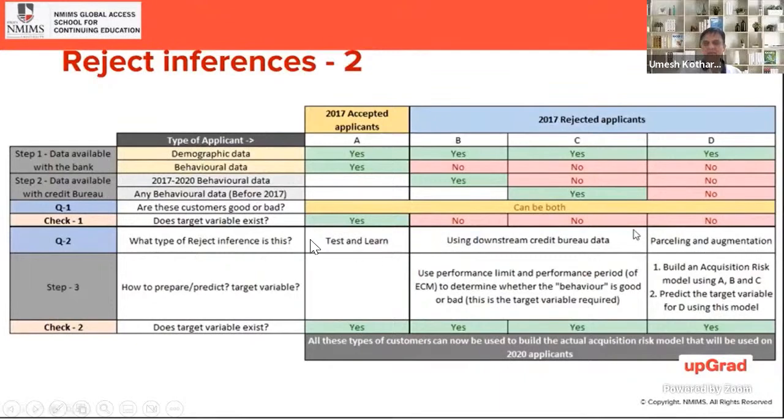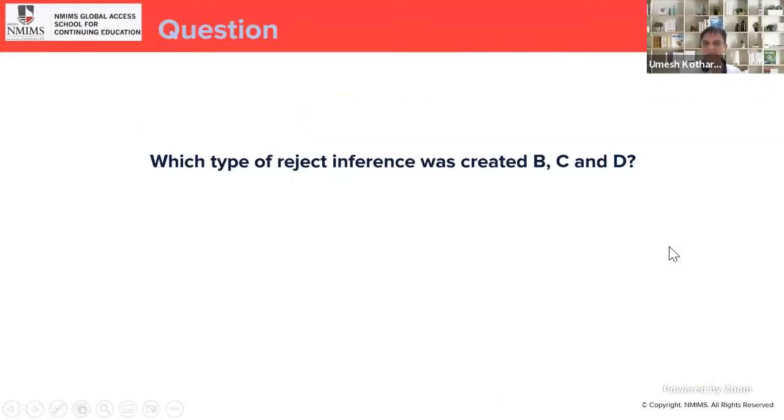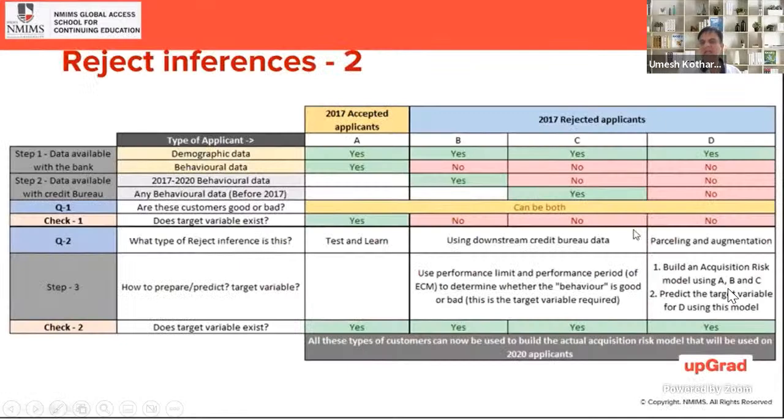A will be test and learn, because everything you did for D was taken from outside, an extrapolation of your understanding of B and C onto D. D may or may not behave like this, but because segments B, C, and A behave this way, you're imposing that on D. In segments B and C, mostly the data has come from step 2 bureau data, and that's absolutely right.